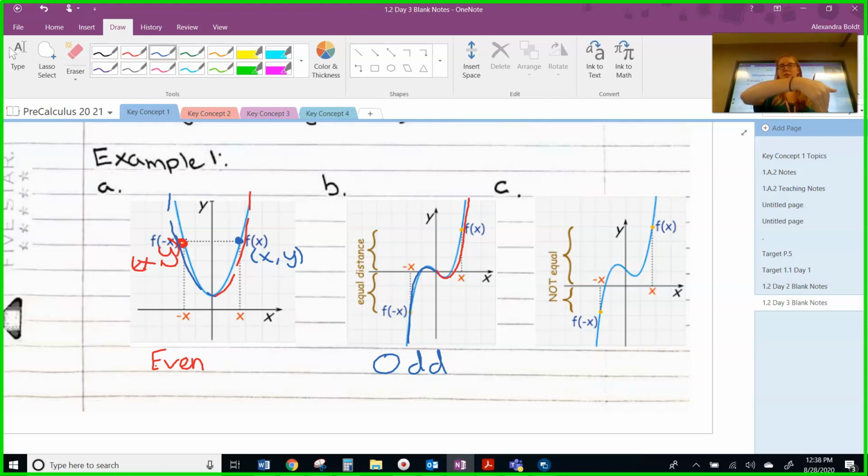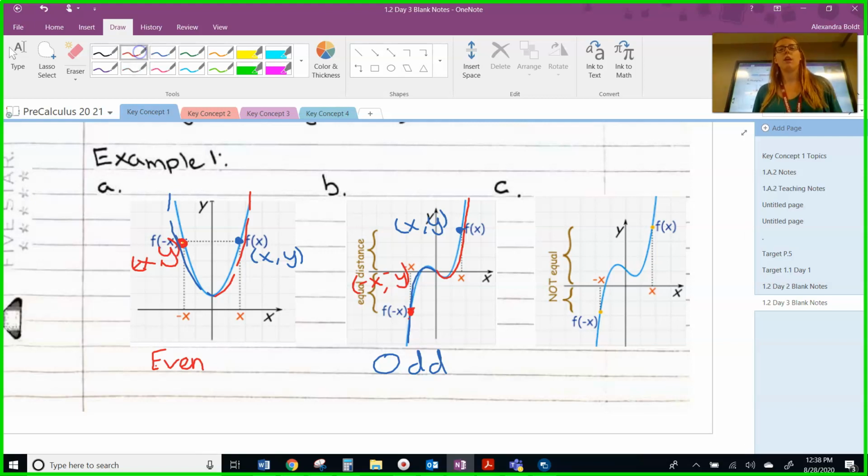It's like flipped twice. Same idea: if this is just any point x, y, then here I'm on the opposite side of both. So I have the opposite x and the opposite y, and that point is still on my graph.